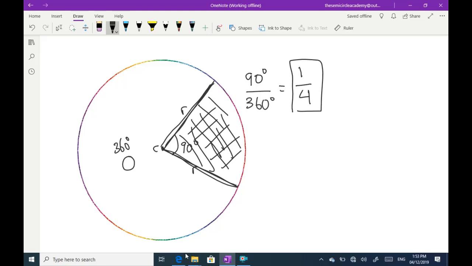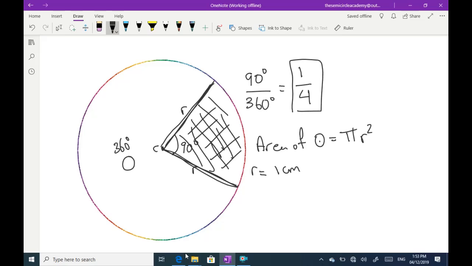So I would find the area of the circle, which would be pi r squared, and let's just say they gave r to be 1 centimeter, right?